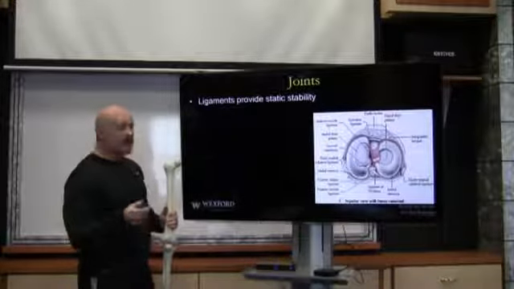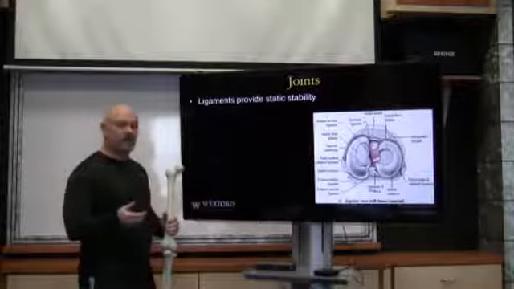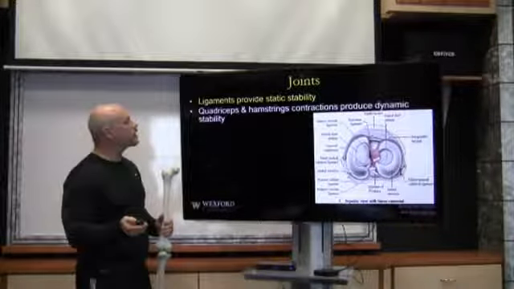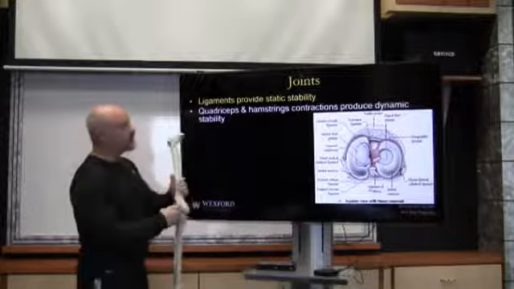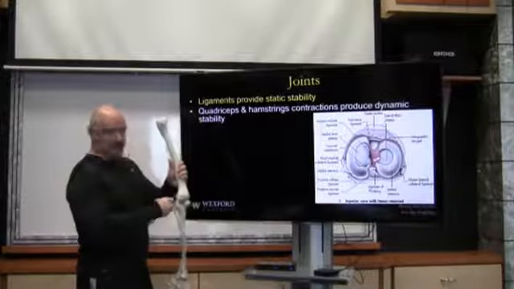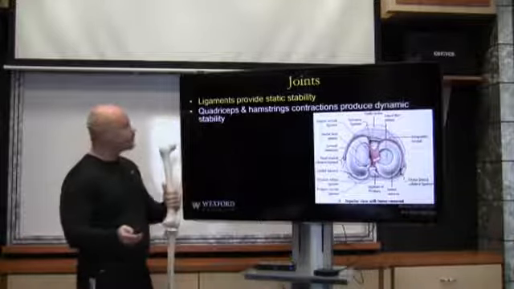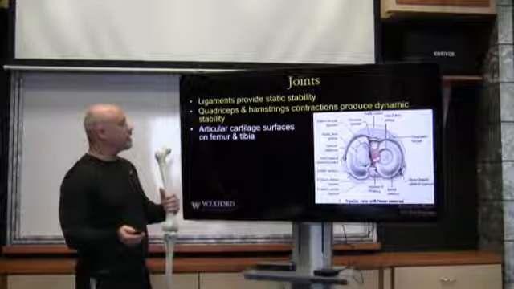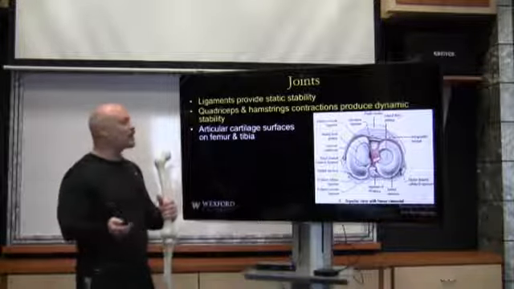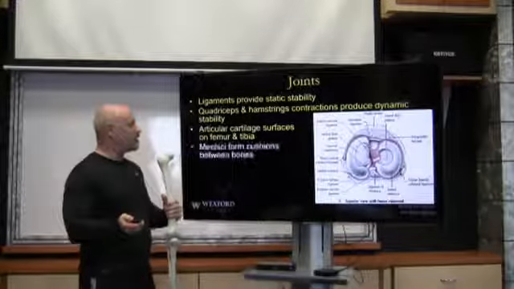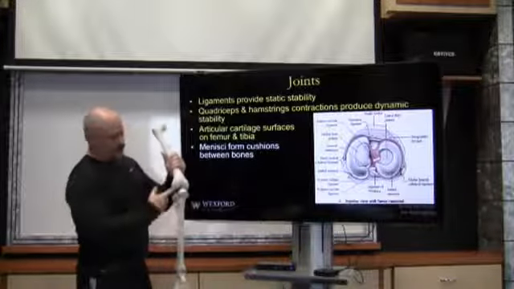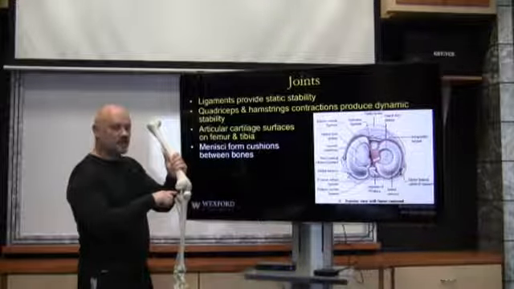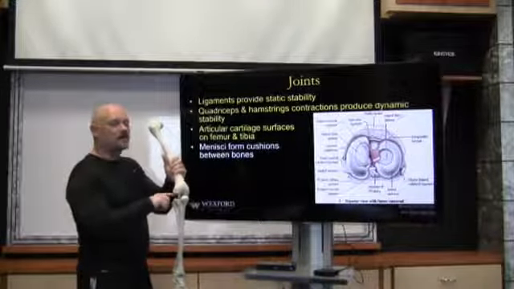Now the ligaments all provide static stability, bone to bone, so they hold that joint together. The quadriceps and hamstrings contractions produce dynamic stability. The articular surfaces: there is articular cartilage on the femur and articular cartilage on the tibia.